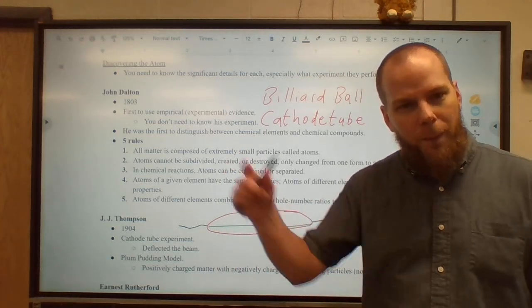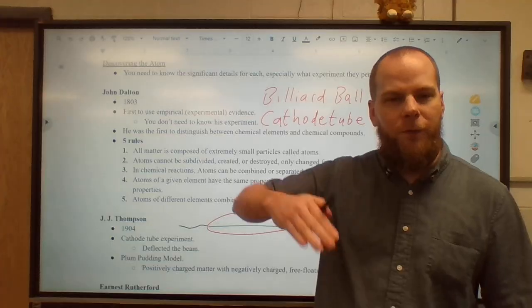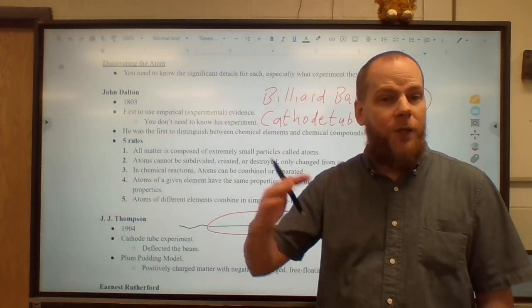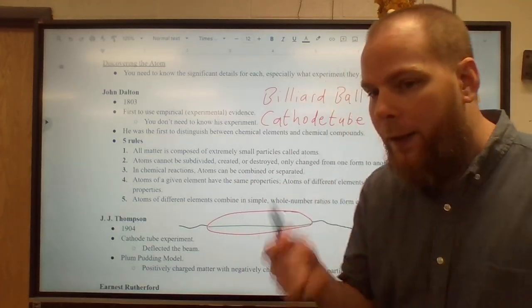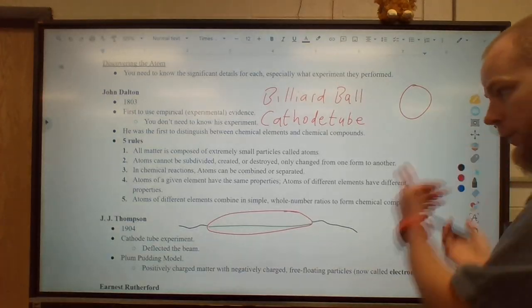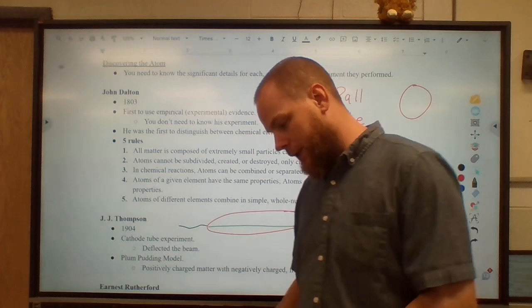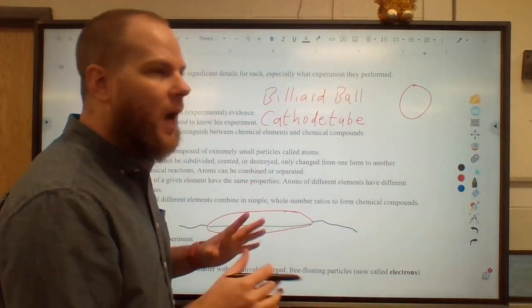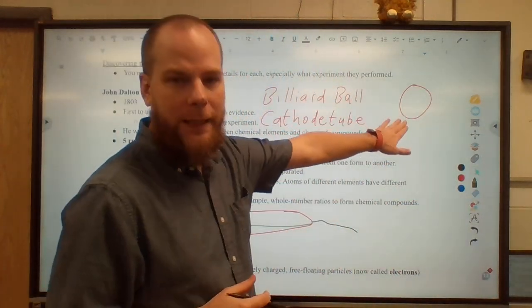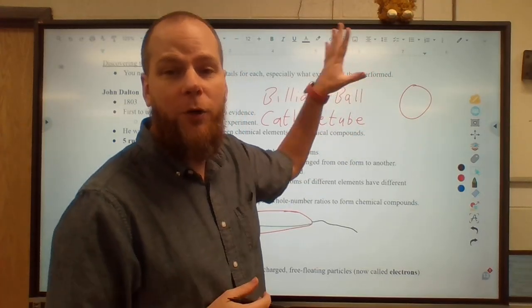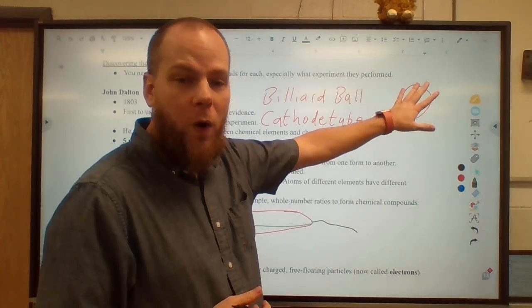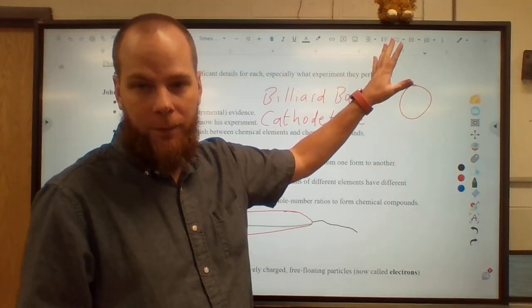And as he moved the magnet towards and away, the deflection of the beam changed as well. Now, based on what he knew about electricity, he concluded that the model of the atom, this model here, could not be correct, because if it was, the beam would not be deflecting.